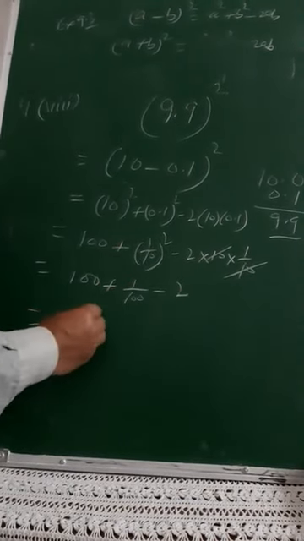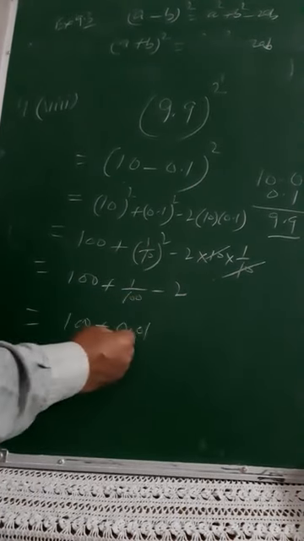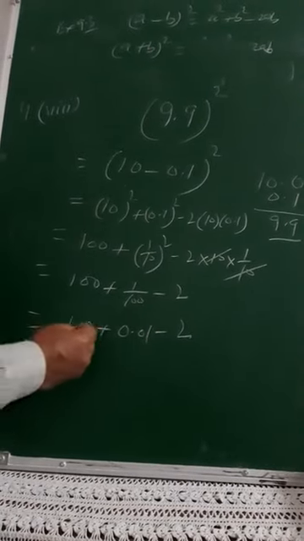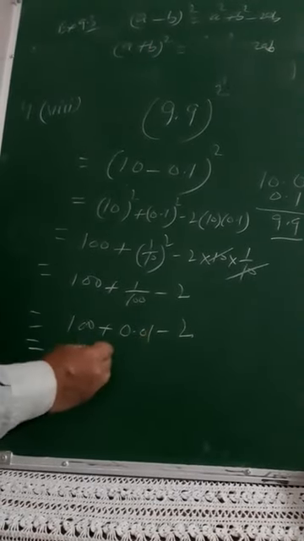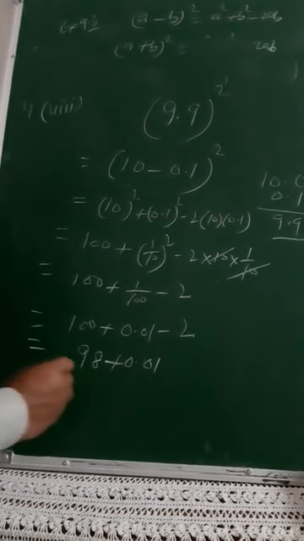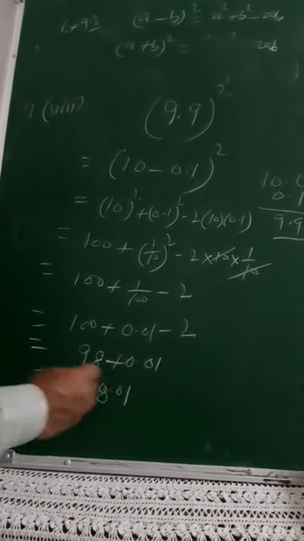So here it is 100 plus 0.01. 1 upon 100 I can write as 0.01, minus 2. Now 100 minus 2 will be 98, plus 0.01. So you should know how to add this 0.01 to 98.